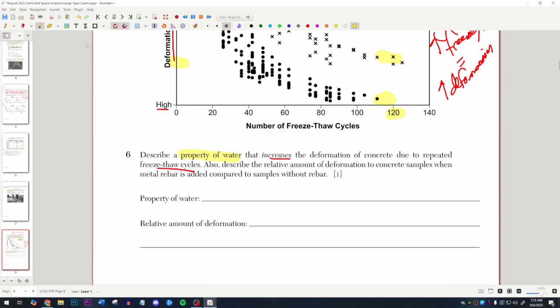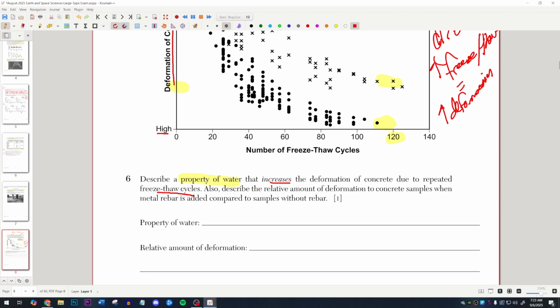All right, so here's the kicker. Do you know the property of water that's going to cause the deformation with freeze-thaw cycles? The answer to that question is that water expands when it freezes. That's the property of water they're looking for. So we're just going to say water expands when it freezes.